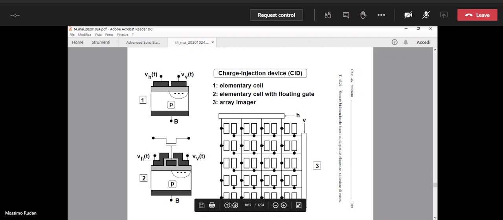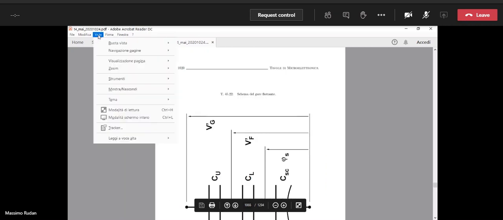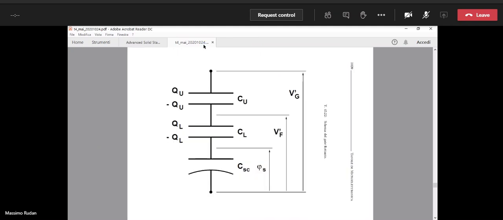So if we now go to the figure of the circuit and rotate it, we see something like this, in which at this position here we inject a charge.